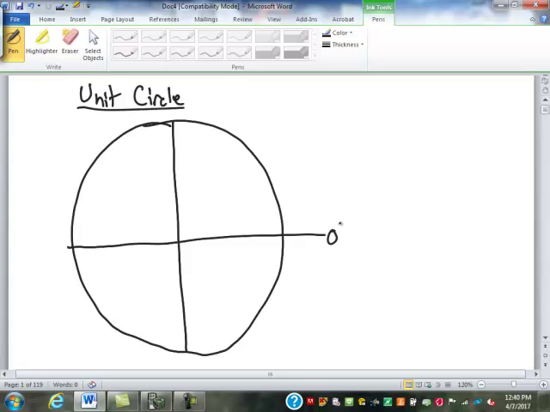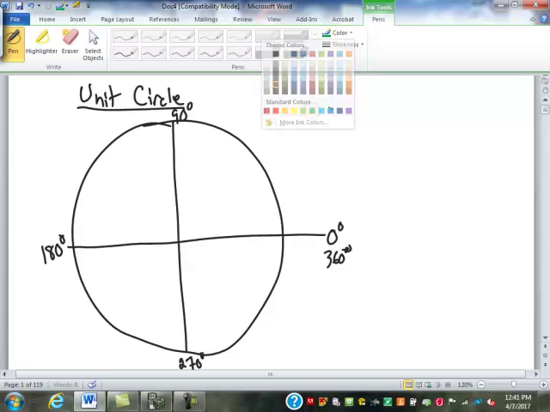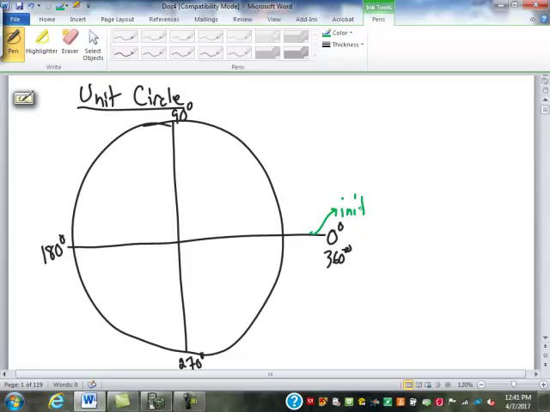But this is 0 degrees here. This, of course, is 90 degrees, 180, 270, and then back to 360 would be back to 0. 0 is what we call the initial side of an angle. So all angles start out here. And they go, as you can see by the way we've got it labeled, counterclockwise.